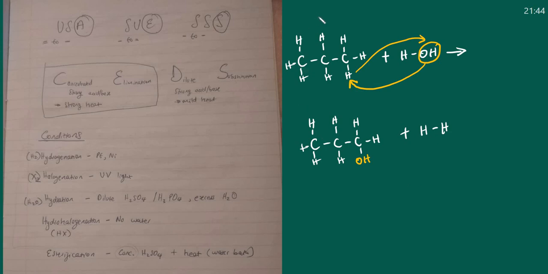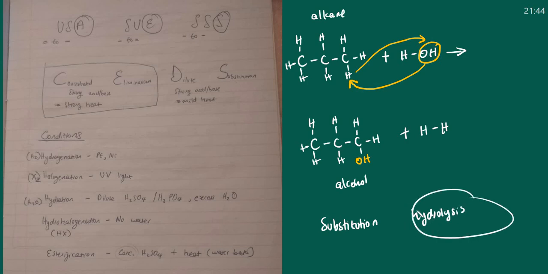So you have moved from an alkane to a what? To an alcohol. That type of reaction is a substitution reaction, because you are moving from a single bond to another single bond. And because you added water, we call it a hydrolysis reaction.